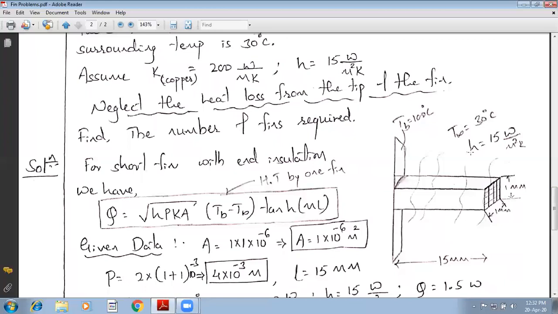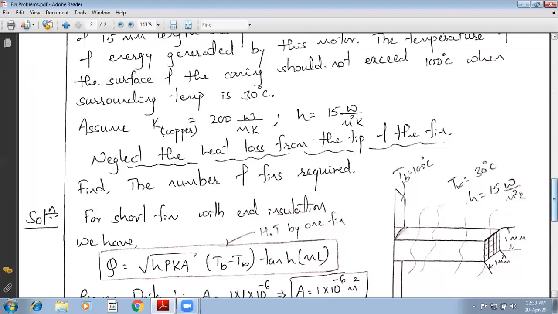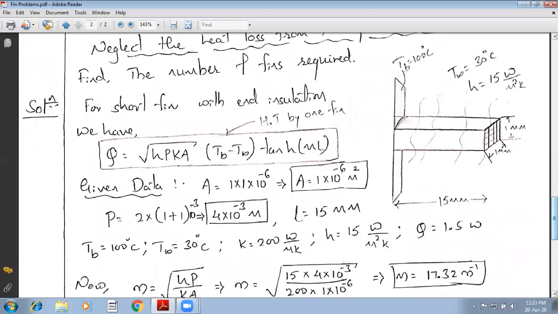The coefficient of convective heat transfer is 15 watt per meter square Kelvin. Now if you calculate the amount of heat transferred using the equation, it is nothing but heat transfer out of this fin. Now you are asked to calculate the total number of fins required to mount in order to satisfy the conditions.